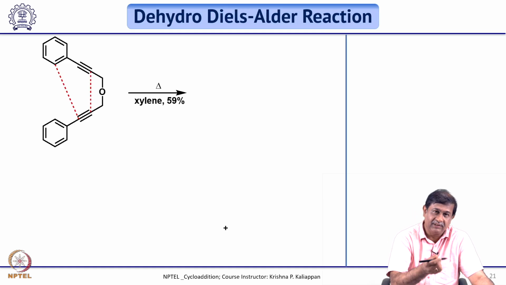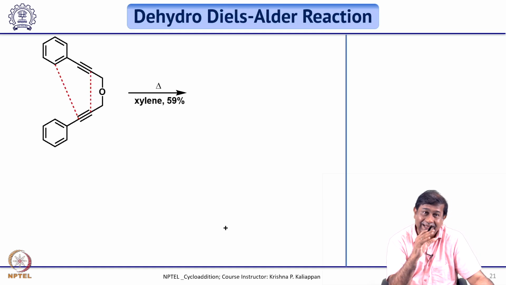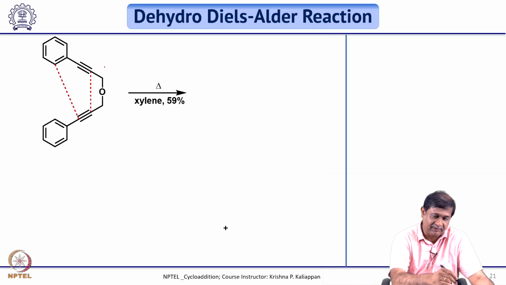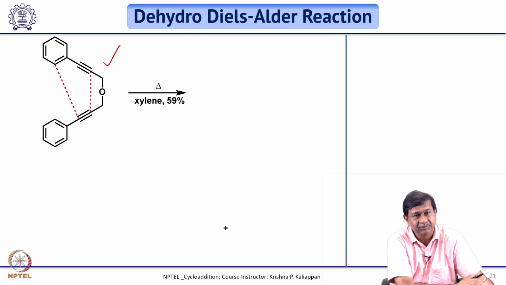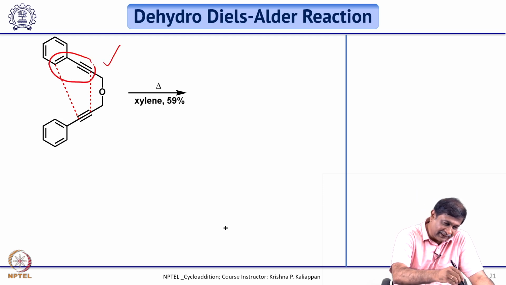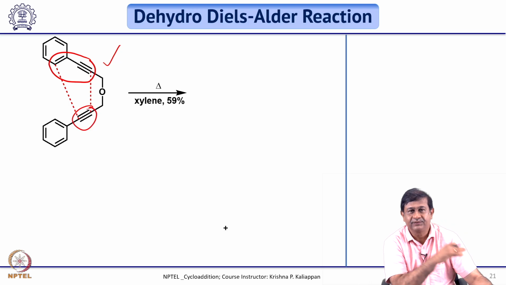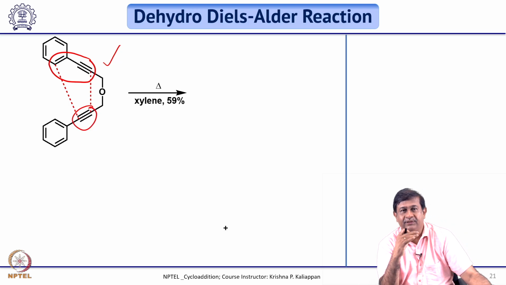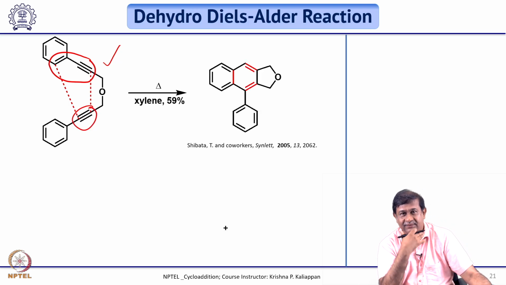So now one can also do this intramolecularly. For example, take this symmetrical compound. You can see this is the enyne portion and this is the alkyne portion. If these two undergo Dehydro Diels-Alder reaction, you will get a very nice aromatic compound.